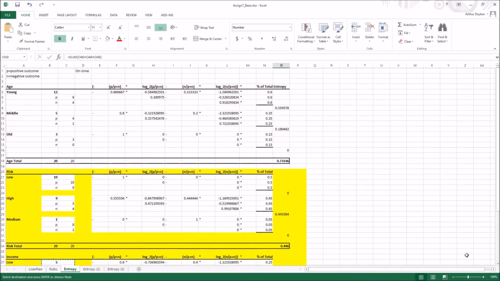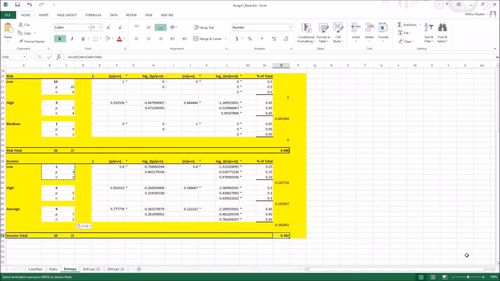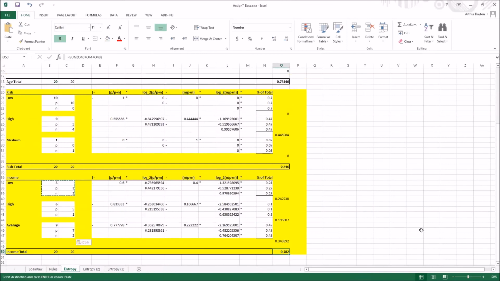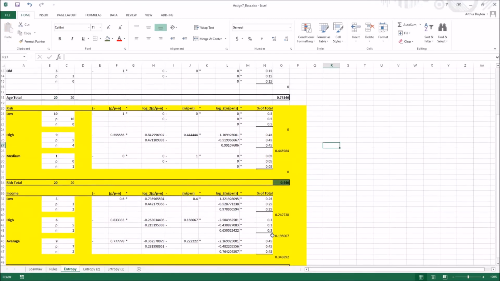So if we look at this, if you remember, the lowest value is the one that has the most discriminating value according to our textbook author. So here we can see that 0.446 is the lowest value, which means that we want to do our first rule in our decision tree utilizing the risk variable.